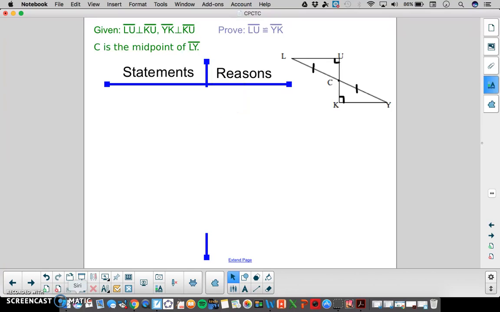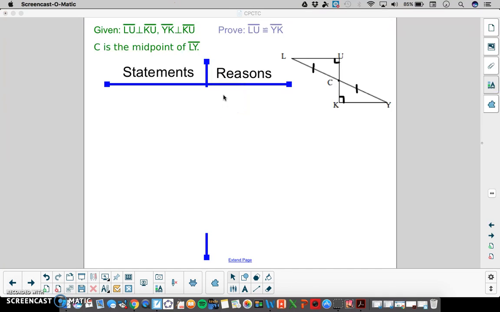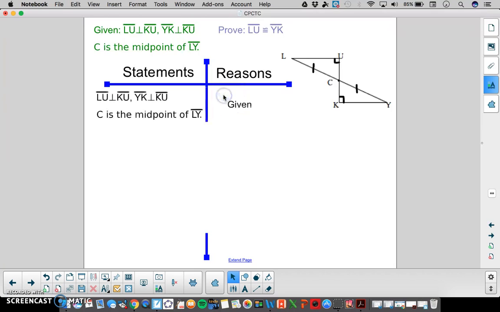So we can see here, we'll start out with our given information that we have those perpendicular lines and that C is the midpoint, and then we'll start with the implications of those statements. We'll know because those lines were perpendicular that angle LUC and angle CKY are right angles by the definition of perpendicular lines.